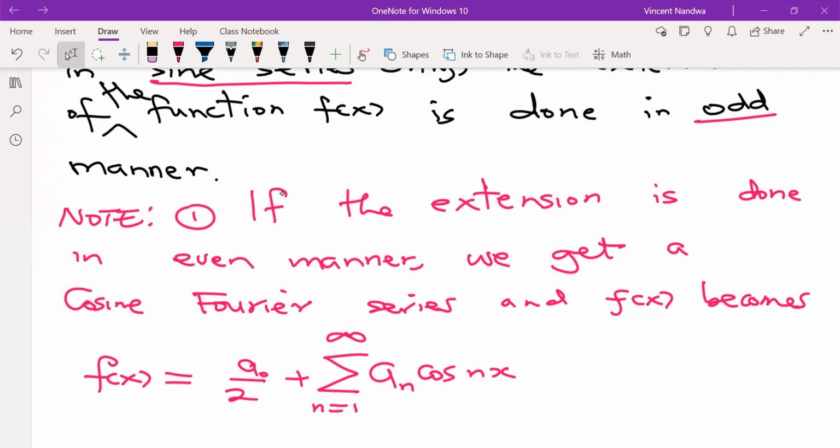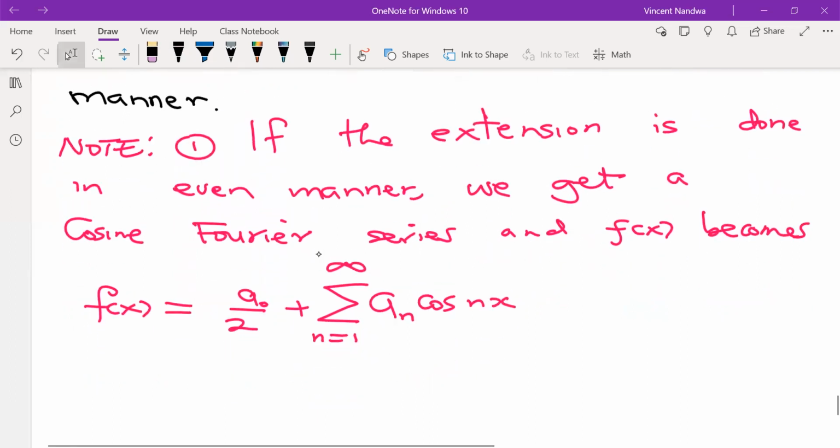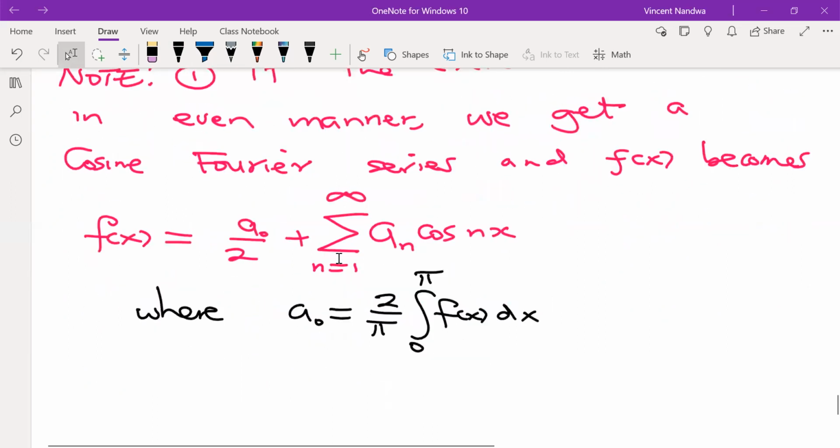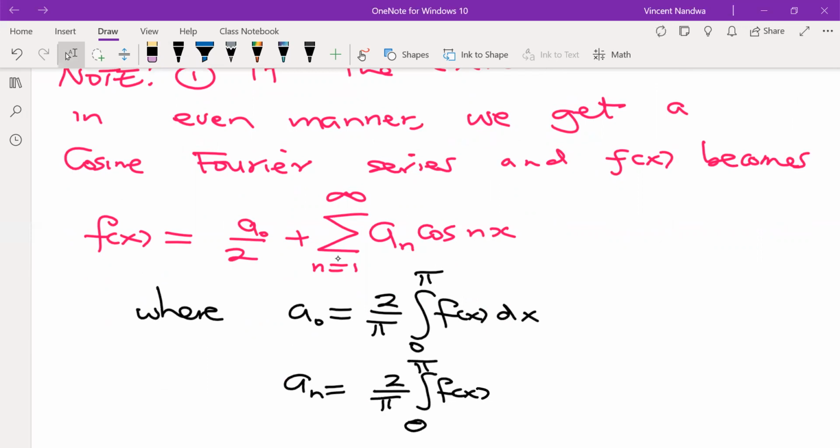Because we are doing this in an even manner, the bn term is 0, so we don't have the sine part. Here a naught is given by 2 over pi integral from 0 to pi of f of x dx, and an will be given by 2 over pi integral from 0 to pi of f of x cosine of nx dx.